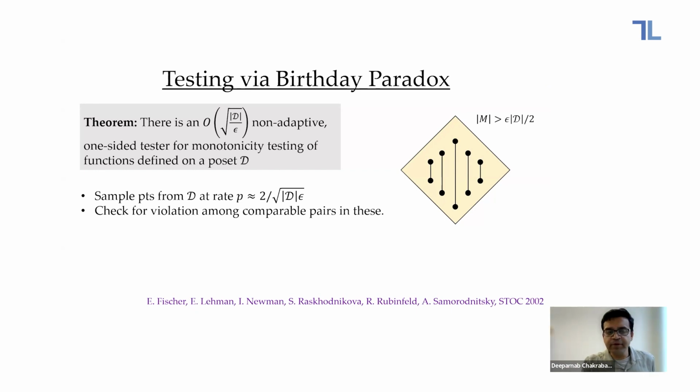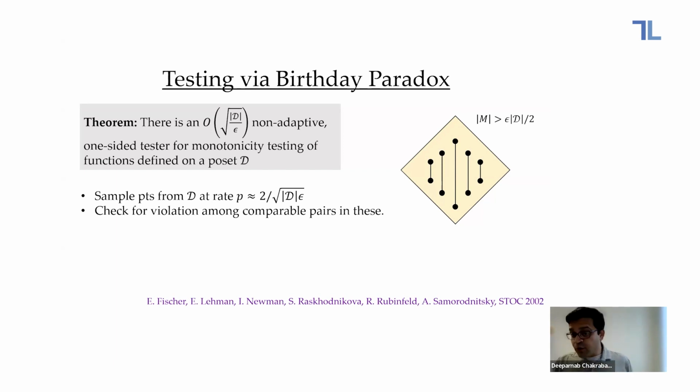You basically sample points at this rate: every point you pick at rate roughly 1 by square root of the size, and query them. So the number of points you'll query will be roughly 1 by square root N times N, which is roughly this size. You check for violations among comparable pairs in these. If you find one, you say no. If you don't find one, you just say yes.